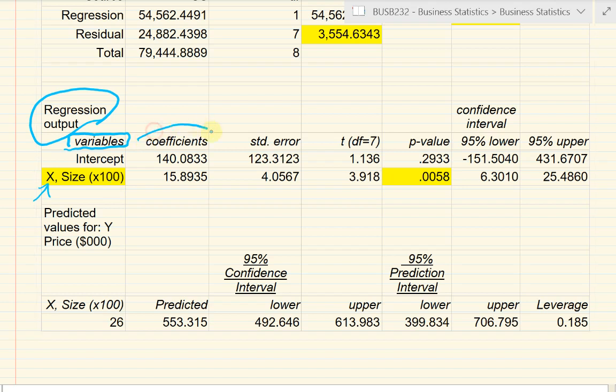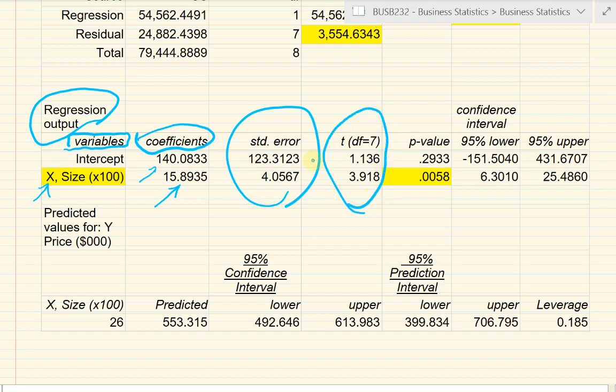The coefficients are the numbers that multiply by these. Coefficient on x is 15.89. Our y-intercept is 140. Okay, so that's what those are. Don't worry about these. Don't worry about these. But next to that, we have these p-values, right?